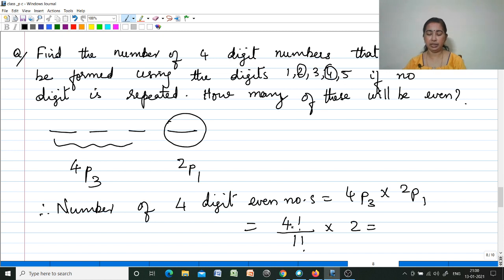So 4 factorial is 4 into 3 into 2, that is 24, into 2, that is 48. 48 4-digit even numbers can be made.